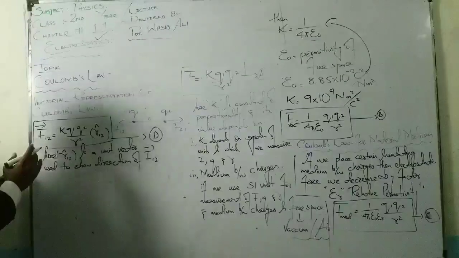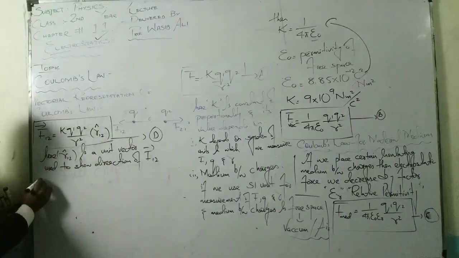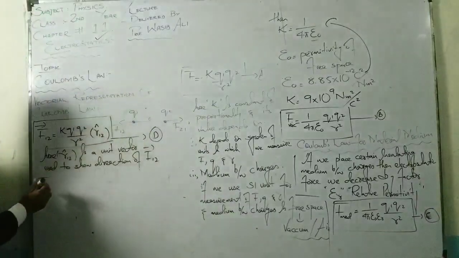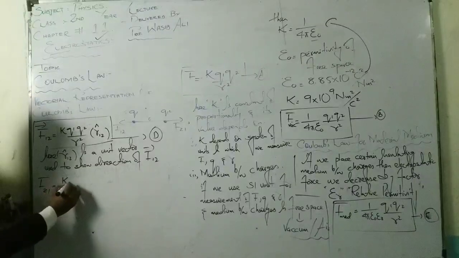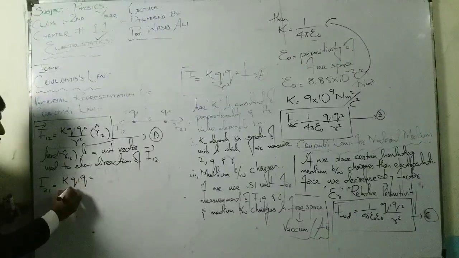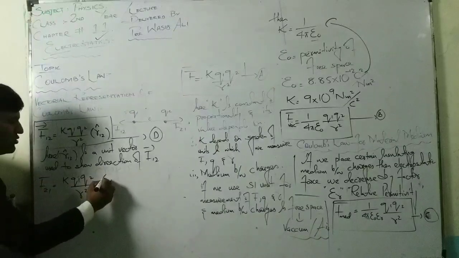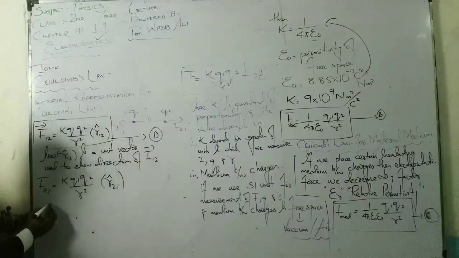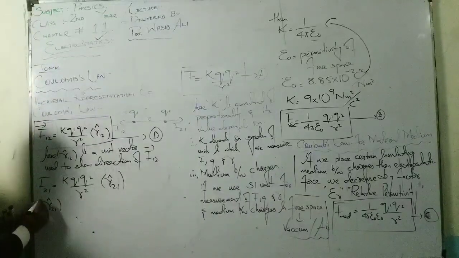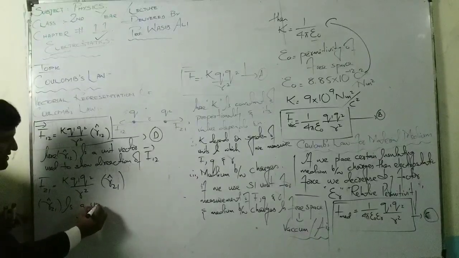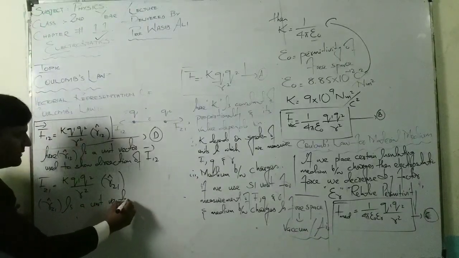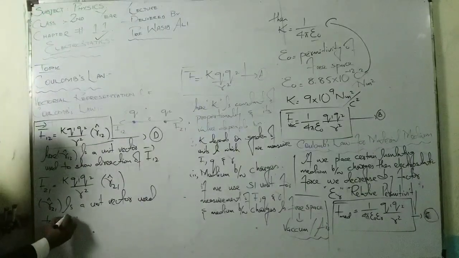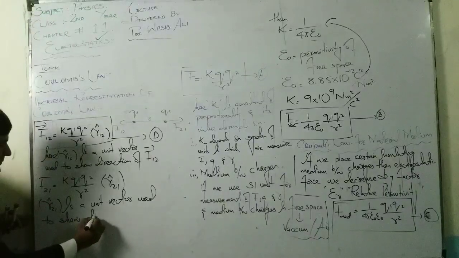Now similarly, you can easily write the force F21, that is force on charge 2 due to charge 1. So F21 can be written as K Q1 Q2 divided by R square into R21 cap. Here R21 cap is a unit vector used to show direction.